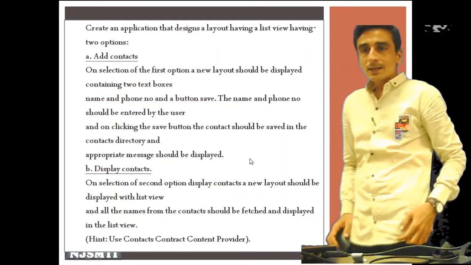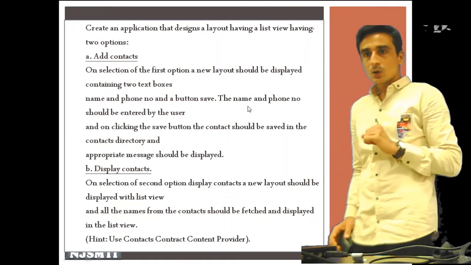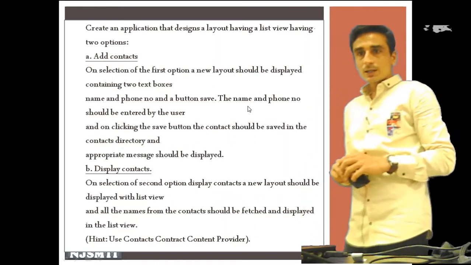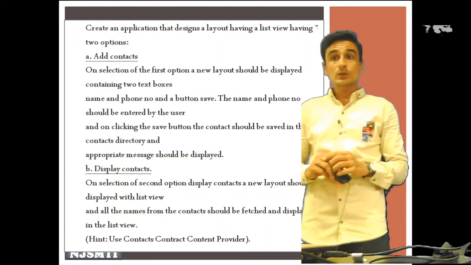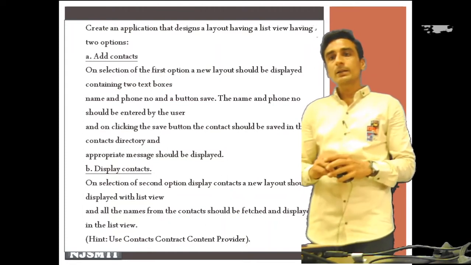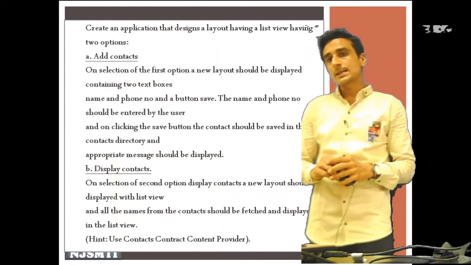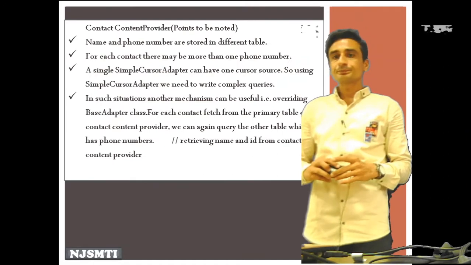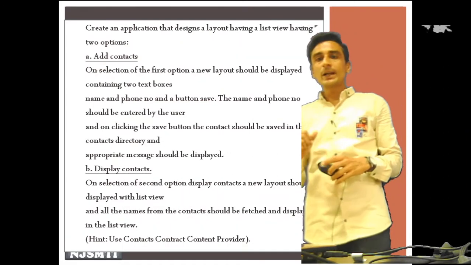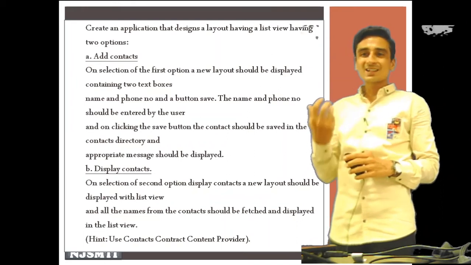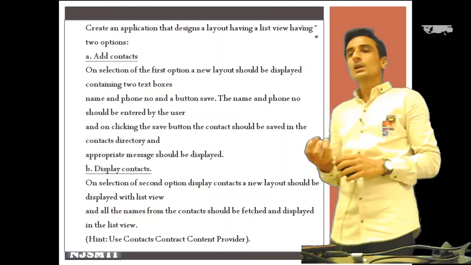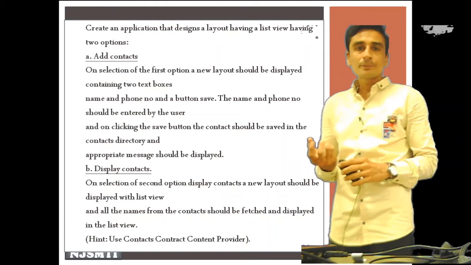When the client selects adding contact, what should happen? On selection of the first option, a new layout should be displayed containing 2 text boxes, name and phone number, and a save button. So on adding contact, a layout should appear which asks the client to input a name and phone number.